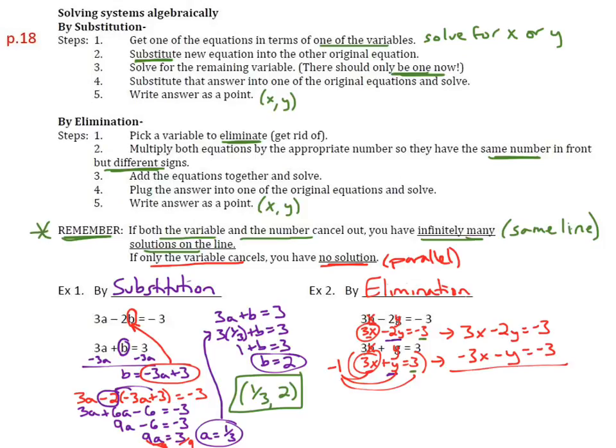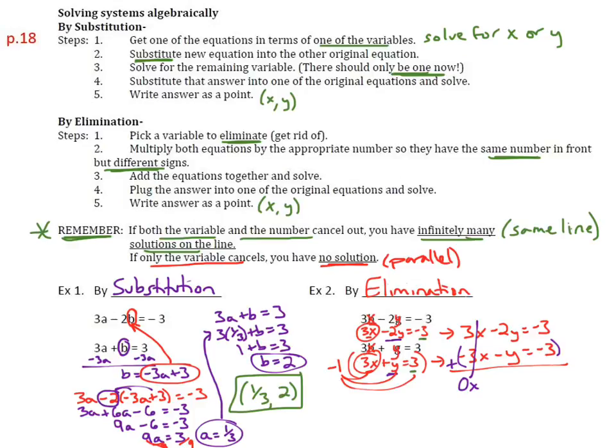So now I can take our two equations and combine them, and my positive 3x and -3x will eliminate. We have 0x left. There's nothing there. So we've eliminated the x.